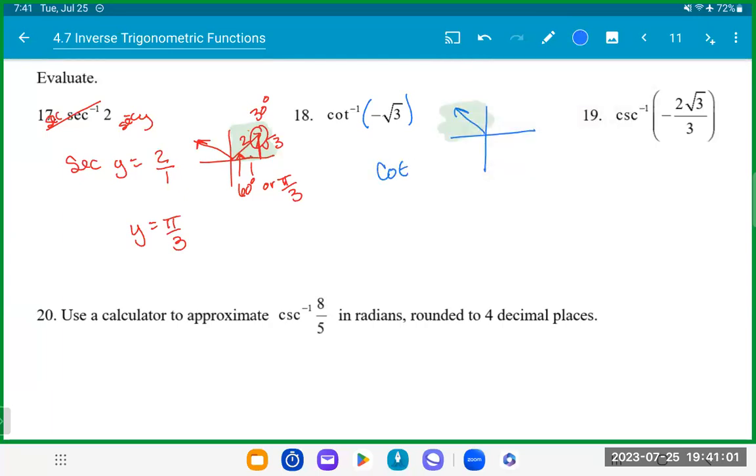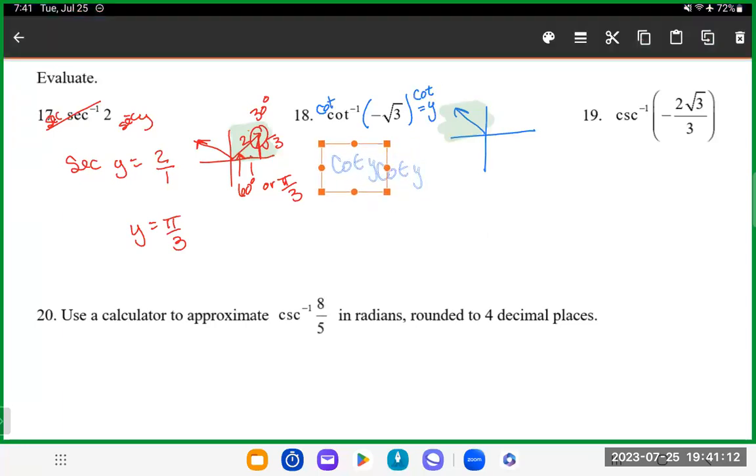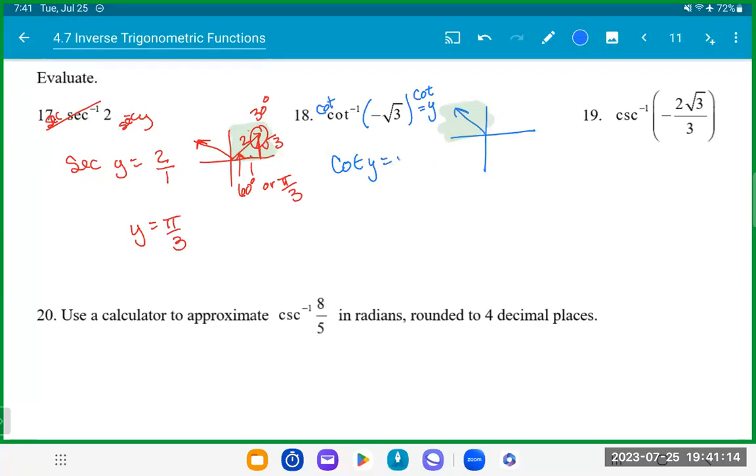So we're going to take cotangent of both sides. So we get the cotangent of y is equal to the negative square root of 3. So that's really square root of 3 over 1. My tangent is my opposite over adjacent, so this is going to be my adjacent over my opposite.